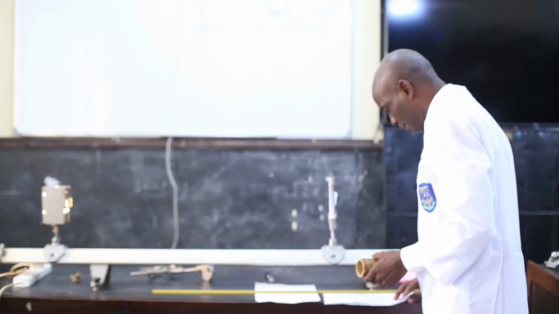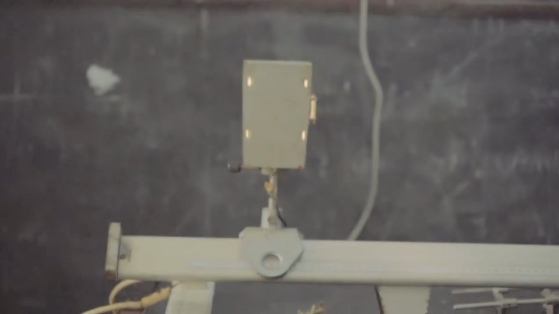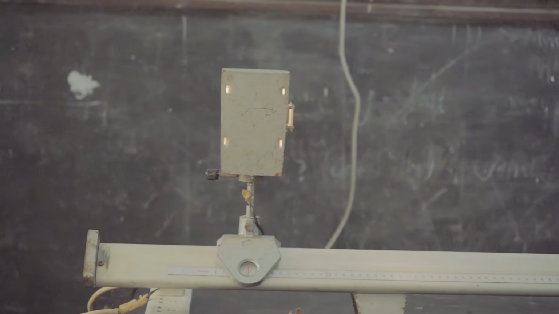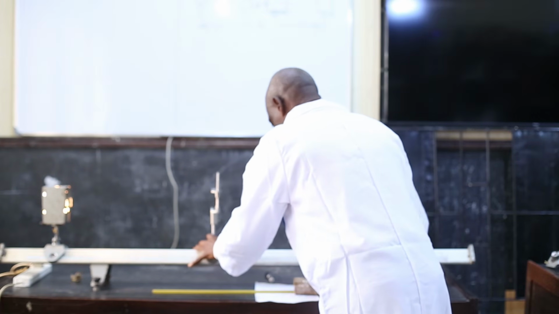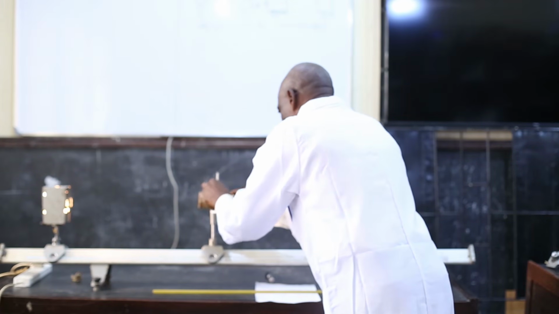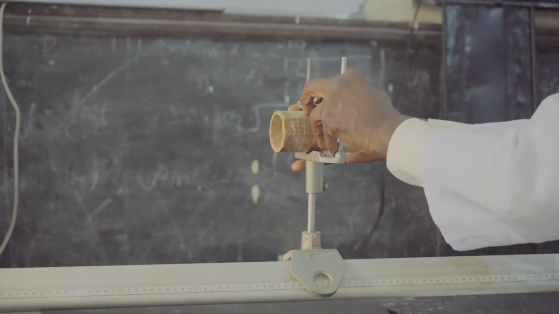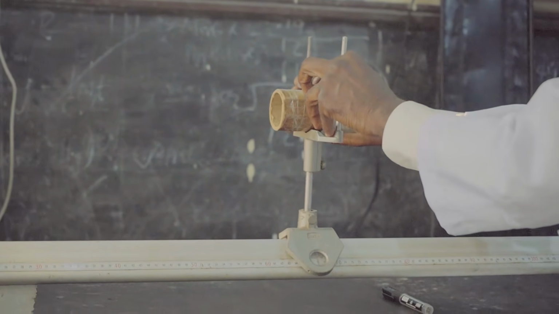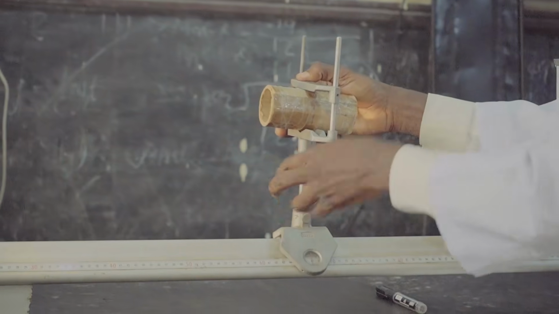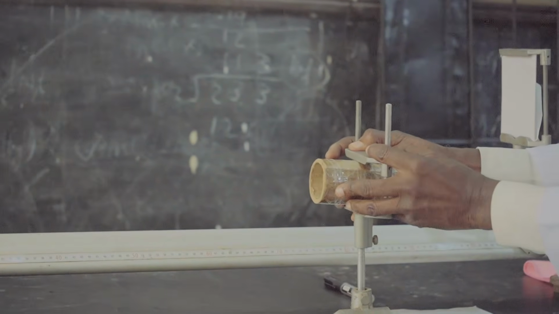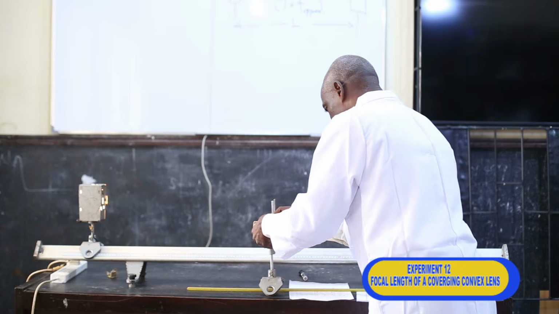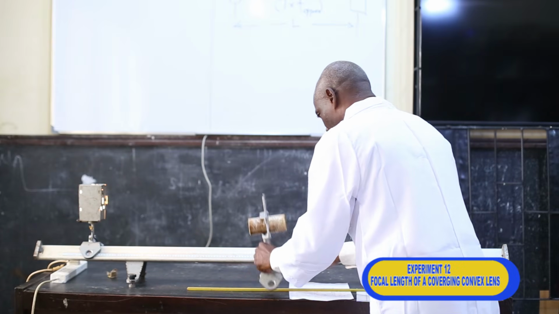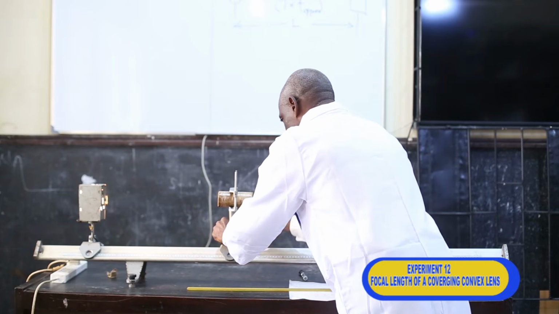The next thing is to place my lens in between the ray box and the screen. I'll make sure it's firm.